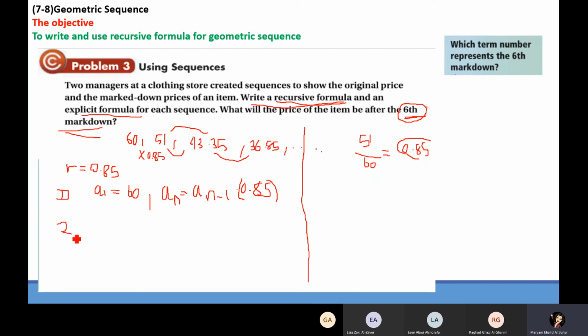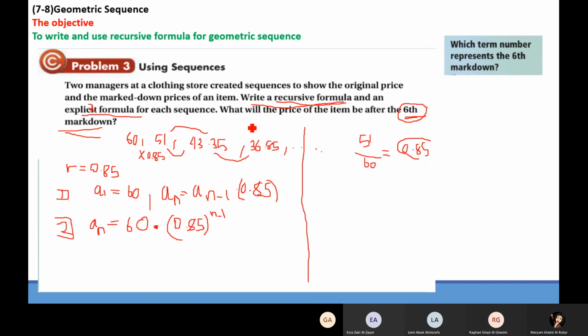For 2, I need the explicit formula. So for the explicit formula, AN equals the first term, 60, times R to the power N minus 1, where R is 0.85, all to the power N minus 1.